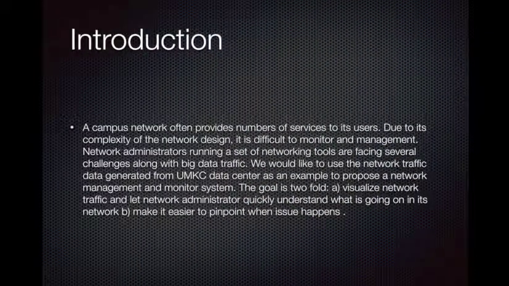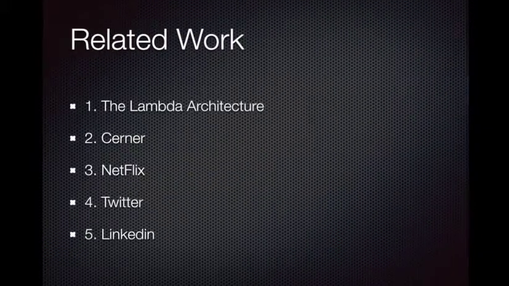Basically the campus network consists of different kinds of data such as NetFlow, VLAN, etc. Our goal is to propose a management and monitoring system such that the traffic is visualized and the network administrator is able to understand what is exactly happening in the network in a real-time manner, and it also pinpoints any special issues happening in the network.